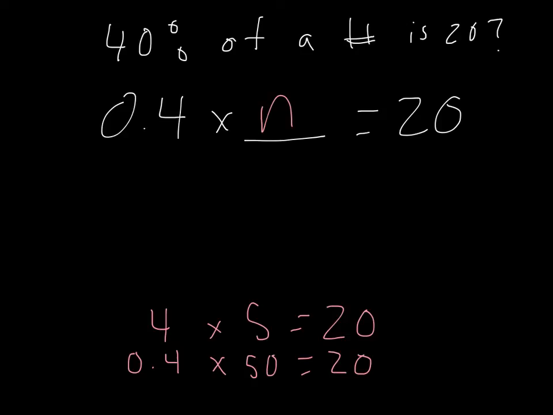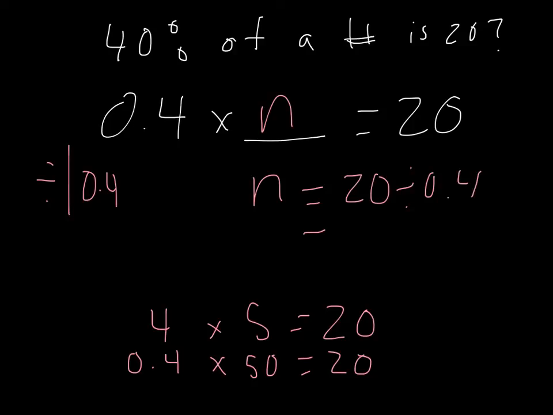I want the N by itself on one side. If I do proper balancing math, when the N is by itself on one side, the other side will tell me what N is worth. Right, divide by 0.4. So 0.4 times N divided by 0.4, those cancel out, leaving me with N. 20 divided by 0.4.